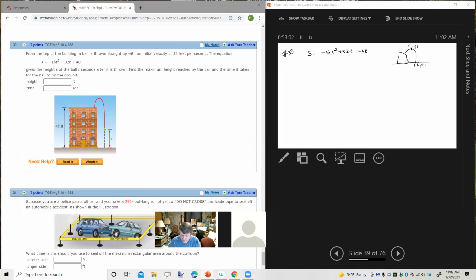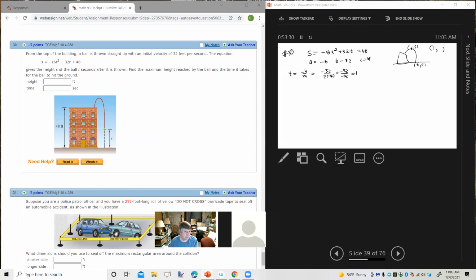Okay, so to find the S value of the vertex, I have to start with the t value, which would be where the axis of symmetry is, right? So we've got A is negative 16, B is 32, and C is 48. T equals negative B over 2A, which is negative 32 over 2 times negative 16, which is negative 32 over negative 32, which is 1. So the time it takes to reach the top is 1 second.